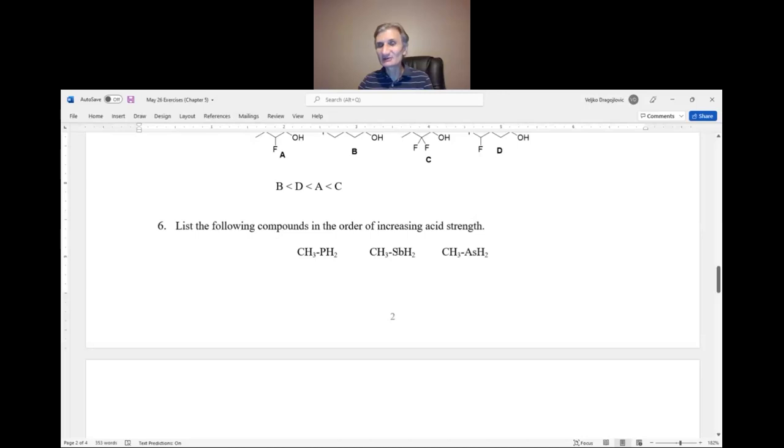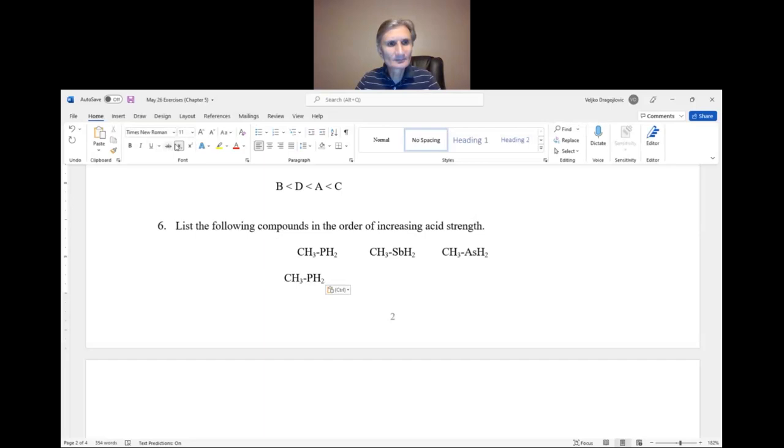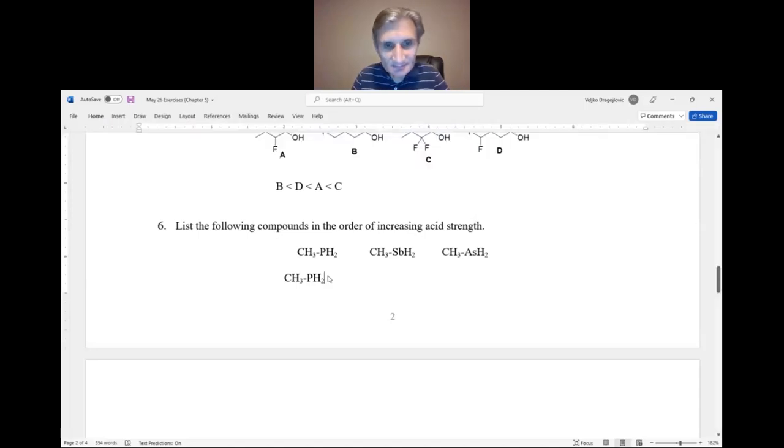In this case, that's antimony. Weakest is going to be the one with the smallest. In this case, that's phosphorus. So this phosphorus species is going to be, it's not working. Okay, now it's working. So that's the weakest of the three acids.